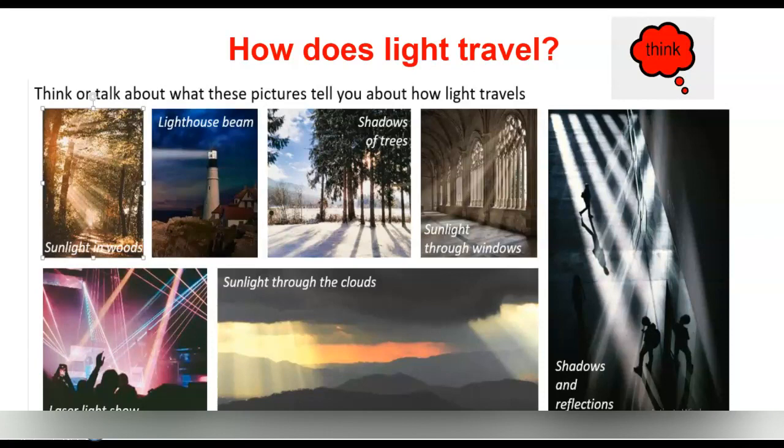You've got the sunlight coming through the woods, a beam of light in the lighthouse, the shadows of the trees, sunlight through windows, a laser light show, sunlight through the clouds, and shadows and reflections. How are they coming through? Are they curvy? Are they zigzag? No, they're all travelling in straight lines.